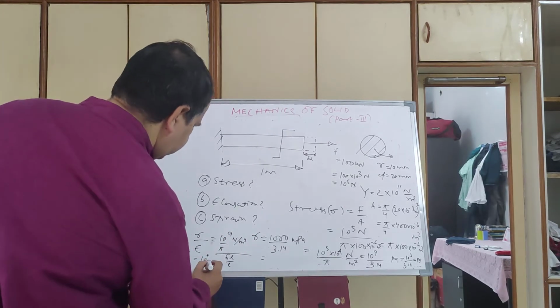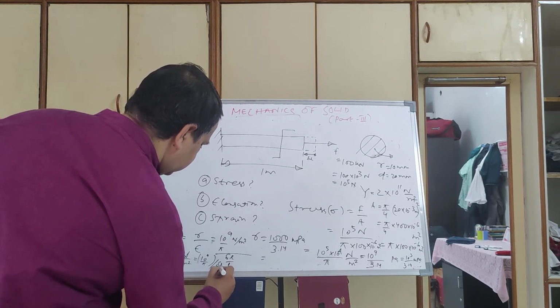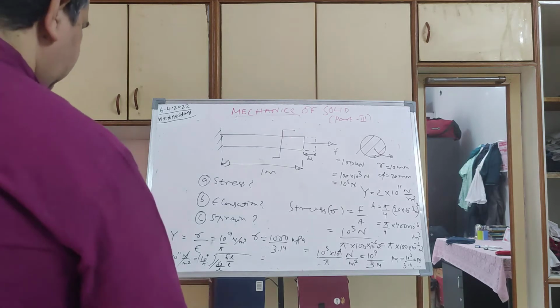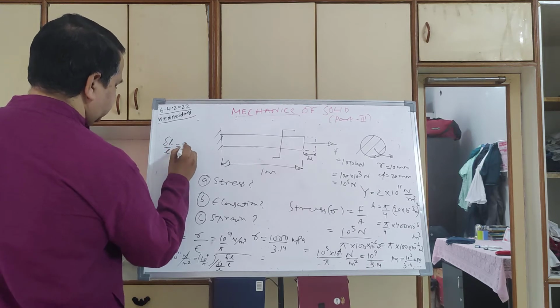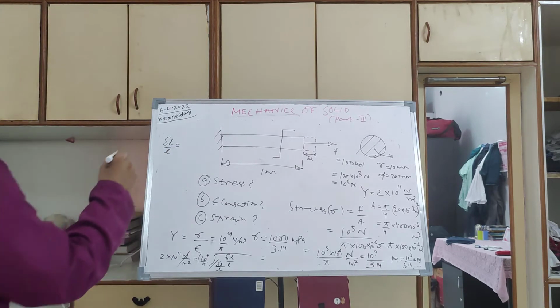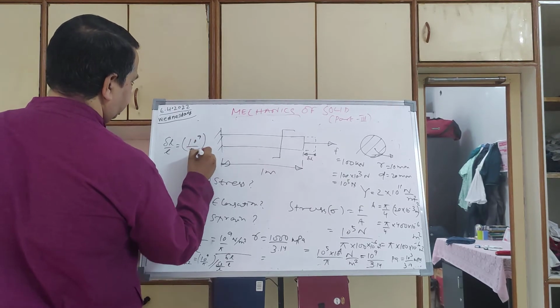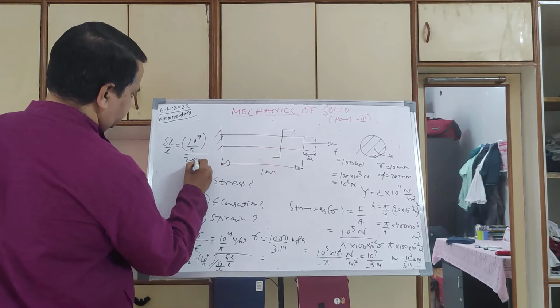So you will get del L by L is equal to 10 to the power 9 divided by pi, divided by 2 into 10 to the power 11.